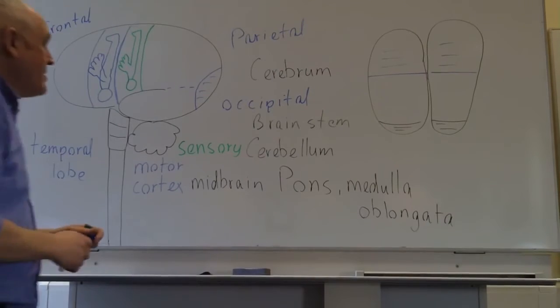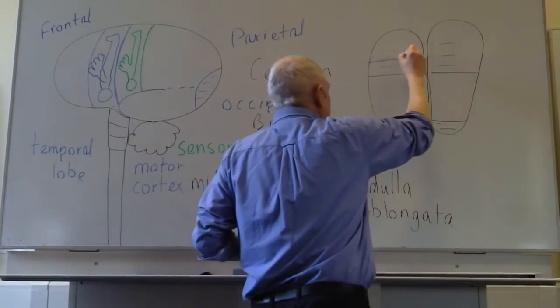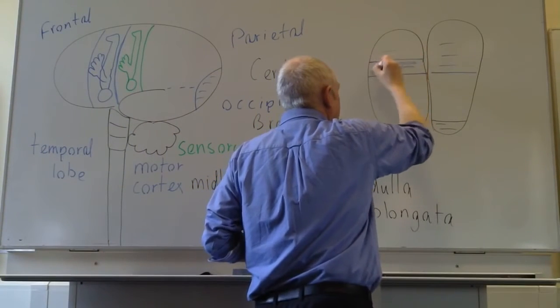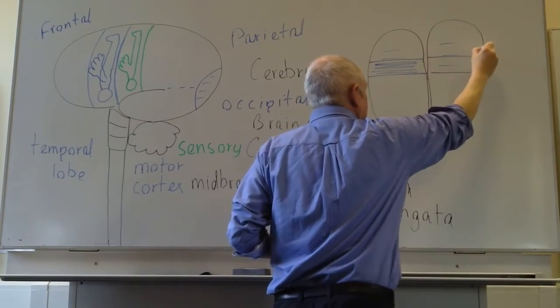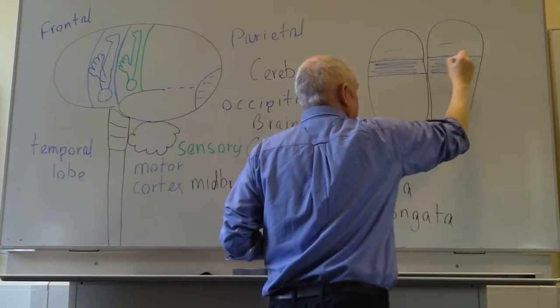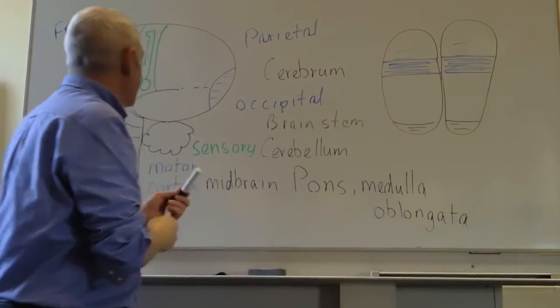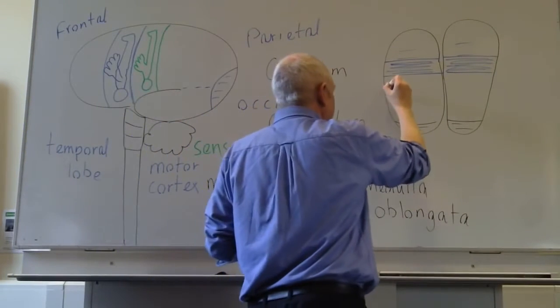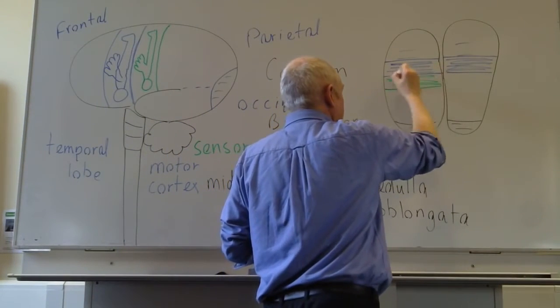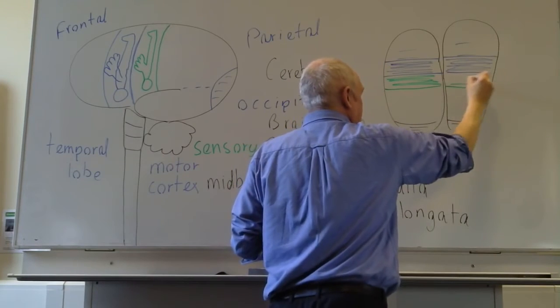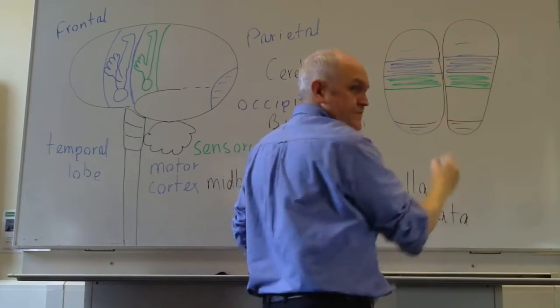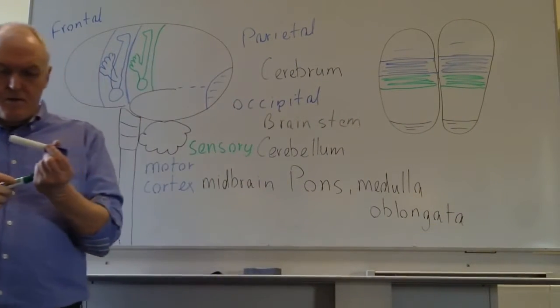So on this diagram, the motor cortex will be in this area here, and the sensory cortex will be in this area here, in the parietal lobe.